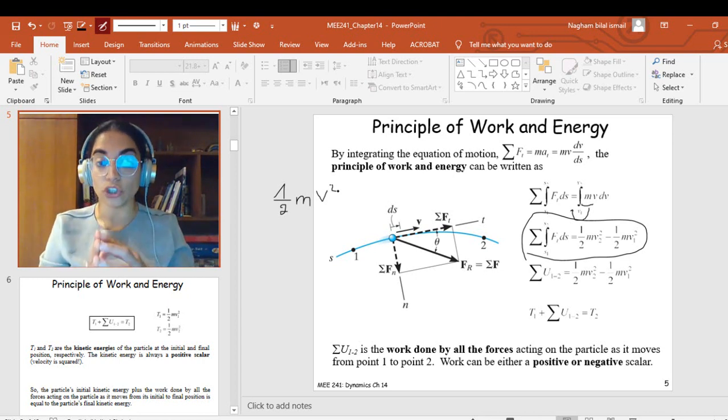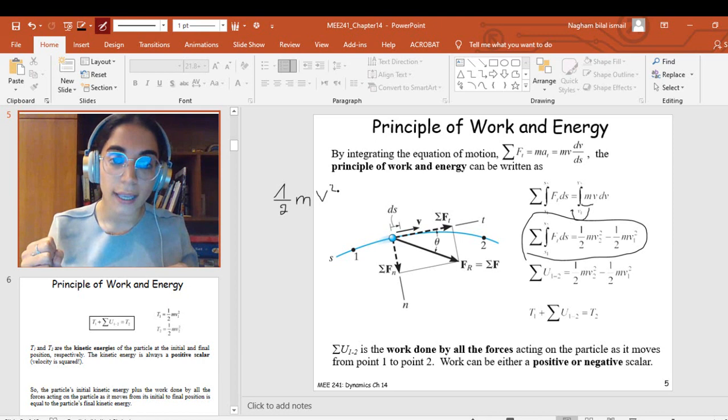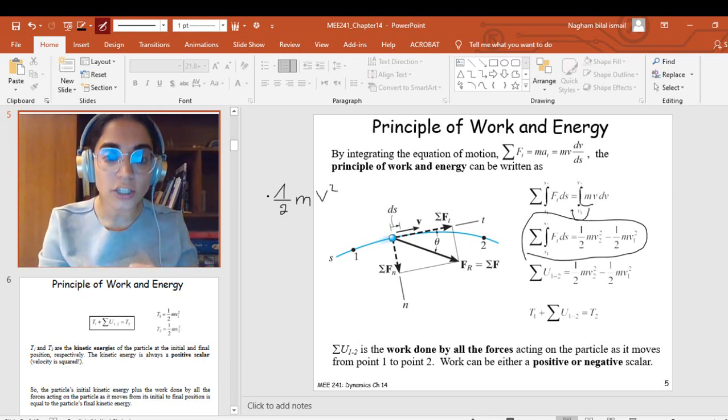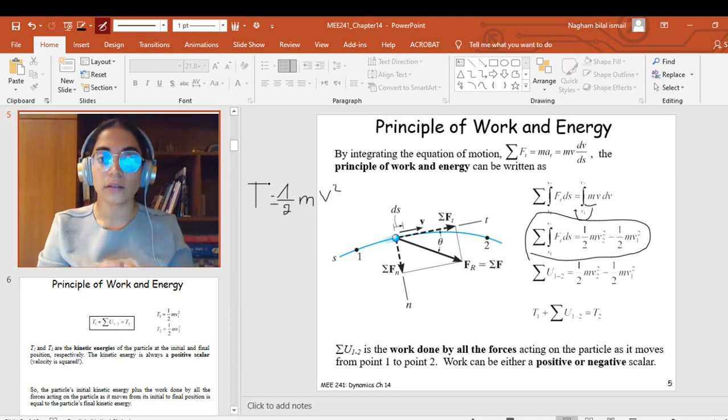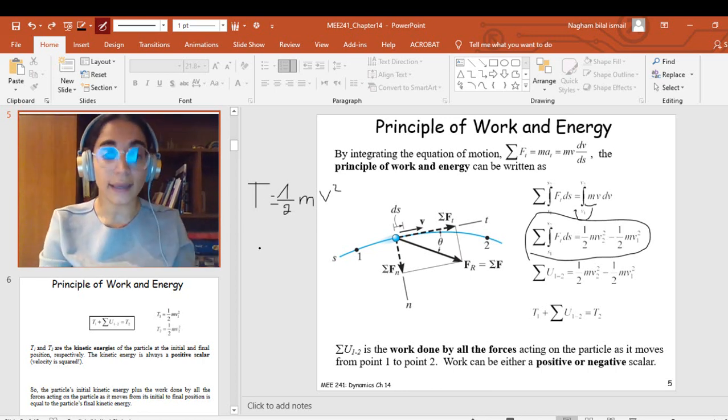So it is an energy and it is related to the velocity. This is the kinetic energy. In French, l'énergie cinétique. Now this kinetic energy is represented by T, all right? So in English, the symbol of kinetic energy is T, and it could also be represented by KE.